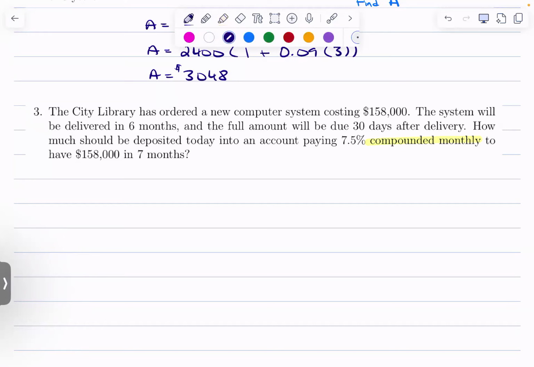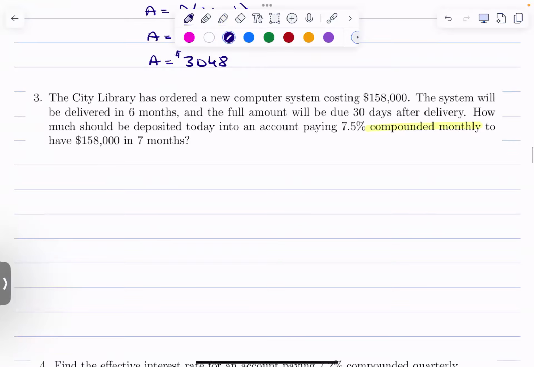So let's see here. How much should be deposited today, which means we want to find P, if R is 0.075, compounded monthly, which means my N is 12.